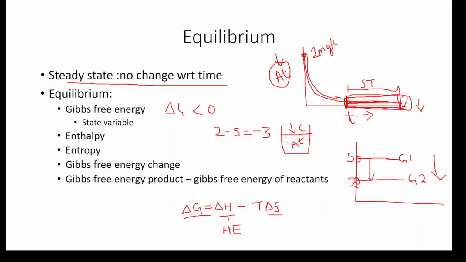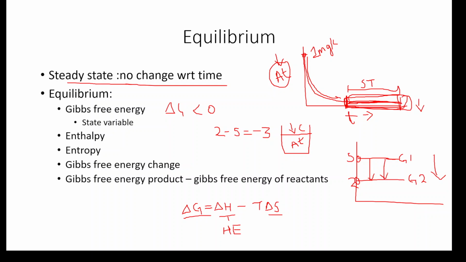Actually, everything in the world wants to go to some stable state, some lower energy state. If the energy is very high, like if we talk about asteroids and everything, they all want to go to a lesser energy state. So everything in the world, in terms of energy, wants to go from G1 to G2.